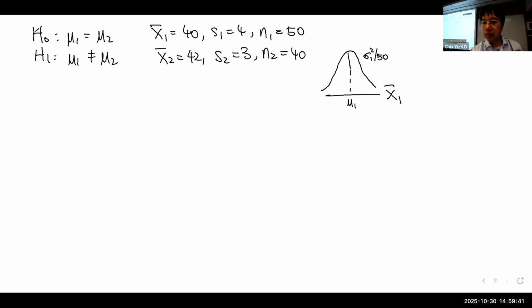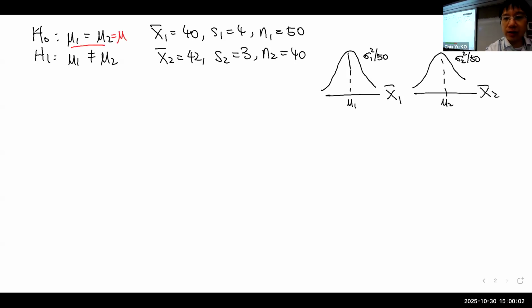And x2 bar is somewhere at mu2, with variance sigma2 square over n2. And under the null, we set those the same, some number mu.